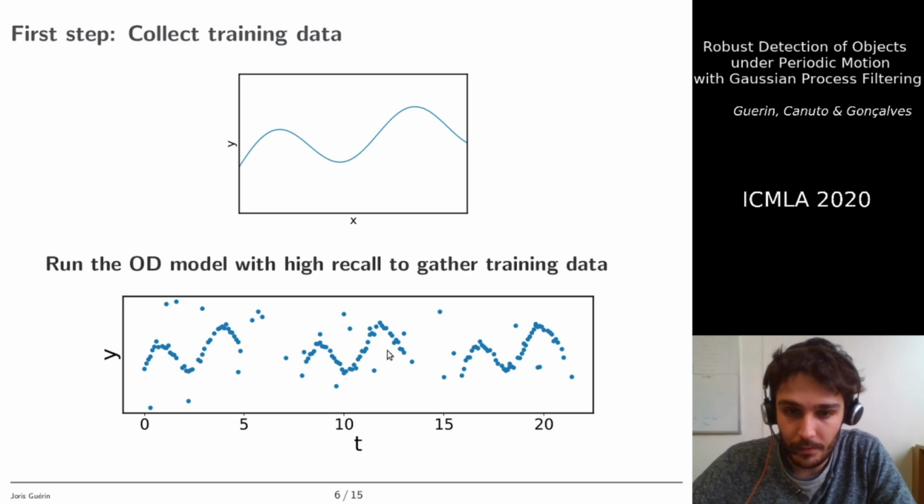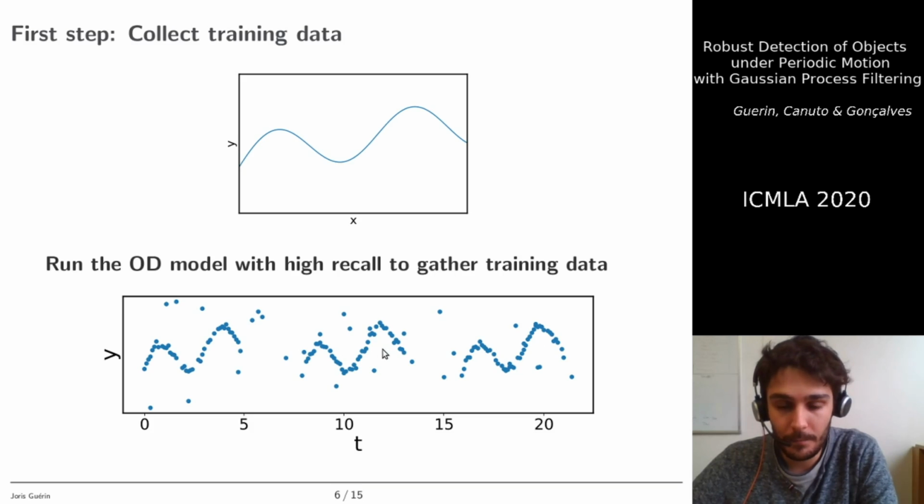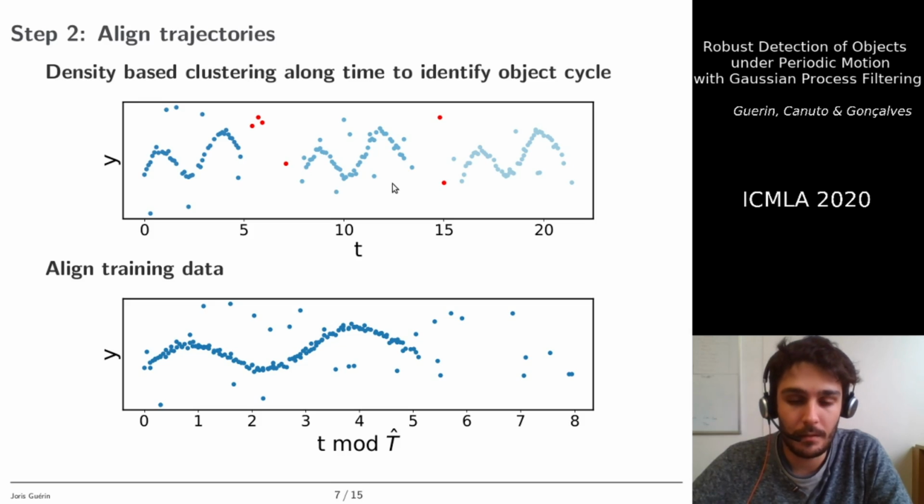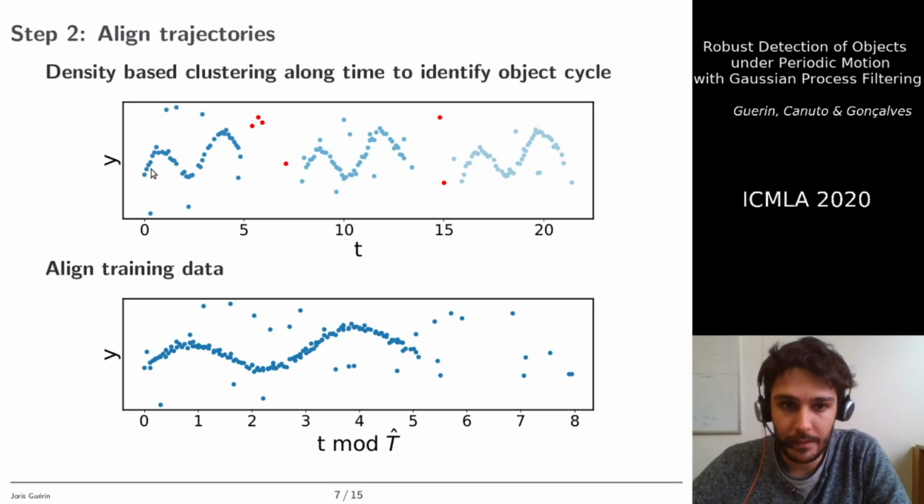Then we need to process this data to obtain the Gaussian process. The first thing we need to do is to align all these trajectories that we have recorded. To do this, we need to evaluate the period of our periodic system. We'll isolate the t component of the data, and we'll notice that when the object is supposed to be present, there is a higher density of points along the t component, and when the object is not in the video, the density is lower.